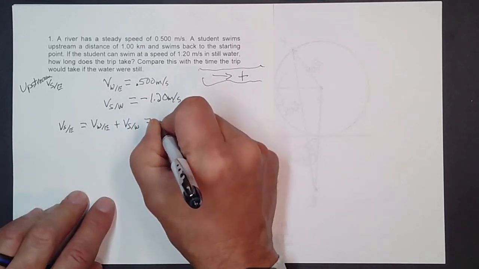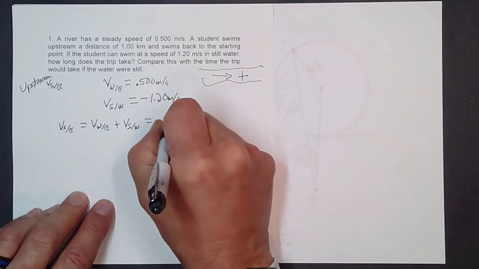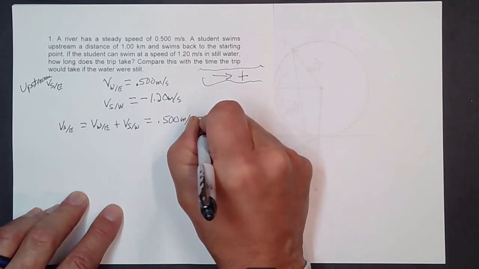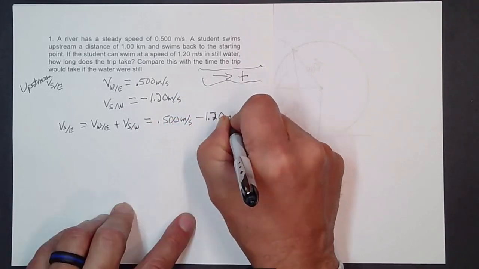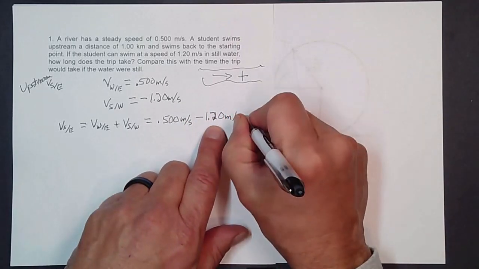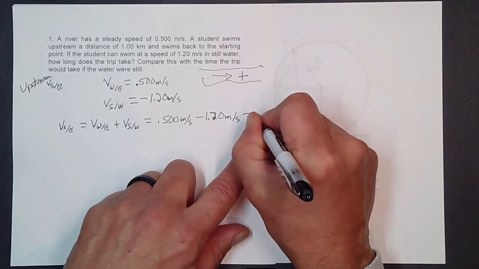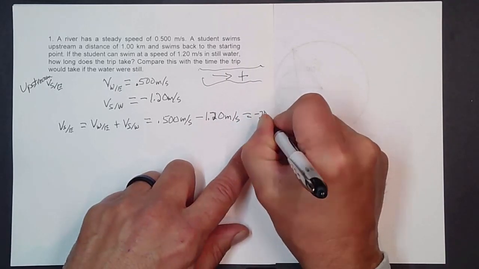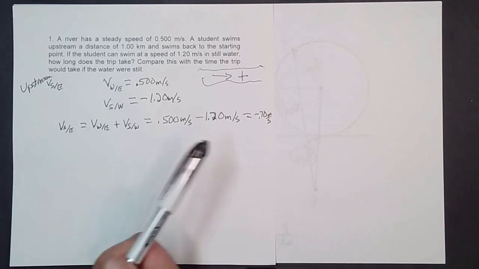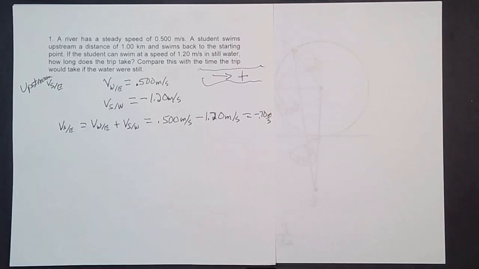So in this case, it'll be 0.500 meters per second minus 1.20 meters per second, which ends up being, we're down to two significant figures here, just minus 0.70 meters per second for the velocity of the swimmer with respect to the earth going upstream.